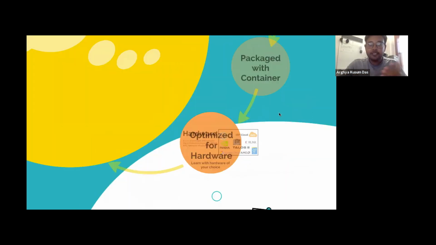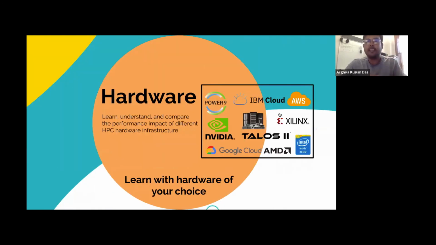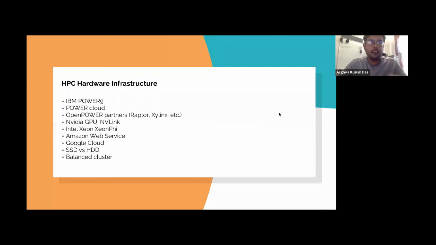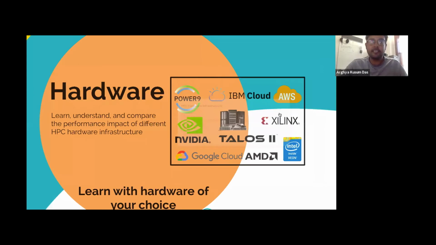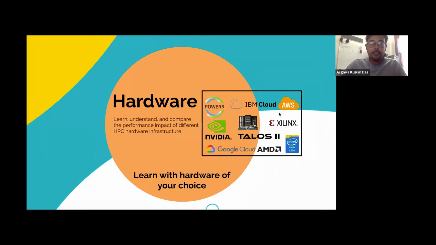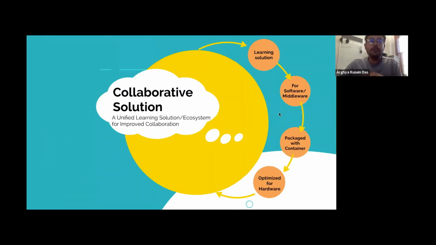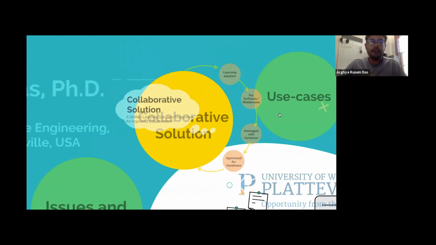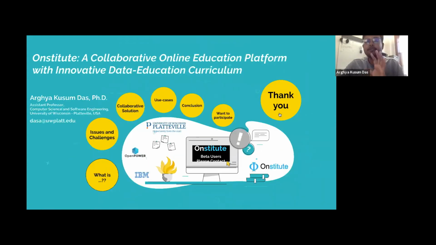And these Docker images should be platform optimized so that students can learn more about IBM Power 9, Power Cloud, NVIDIA GPU, Intel cluster, Amazon Web Services, so that they can learn all these different types of things. So that is why we need a collaborative platform, and that is exactly what Onstitute can provide.